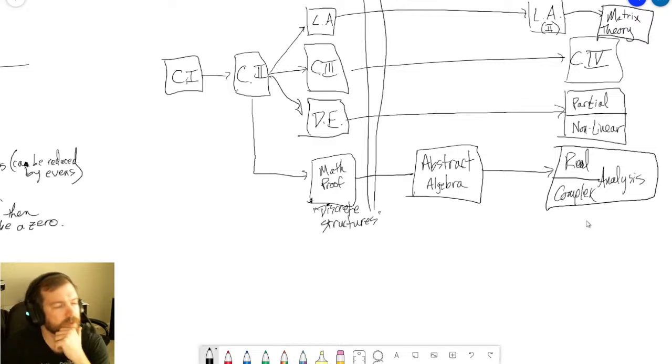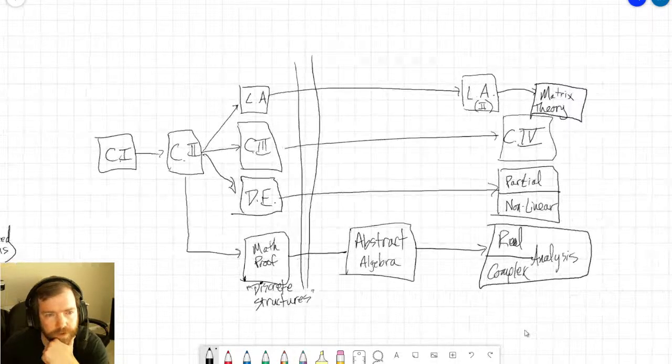I did a combinatorics class, but I also did... I didn't have to do matrix theory for it, but it was really helpful. Neural networks.